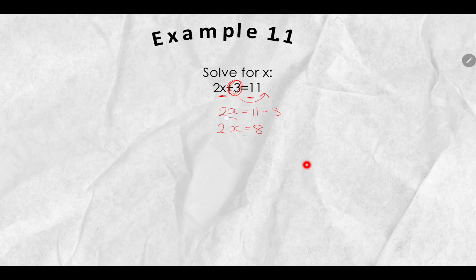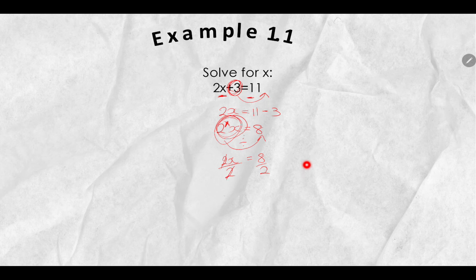And remember what we have to do here? Remember how these two are joined by a multiplication? Once the 2 goes from one side to the other, crossing the equal sign, it becomes the opposite operation, which is also known as the inverse operation, which becomes division. So 2x divided by 2 equals 8 divided by 2.